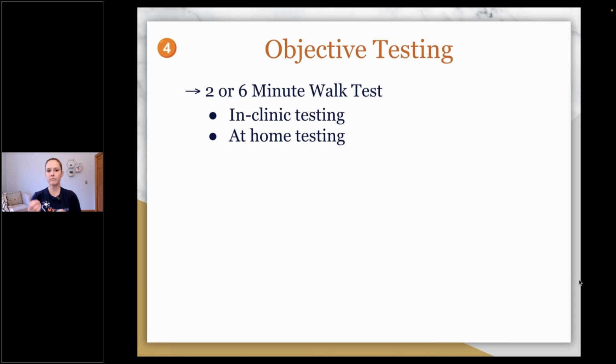In the clinic, typically what you would do is find a loop or a walkway, maybe some hallways that don't have any obstacles. You start at a starting point. Usually they might have tape on the ground, or you start at a wall, and you just walk for 2 minutes, either around a loop or down and back in a hallway, and they count how many feet or yards you walked in 2 minutes, or in 6 minutes if you're doing a 6-minute walk test.